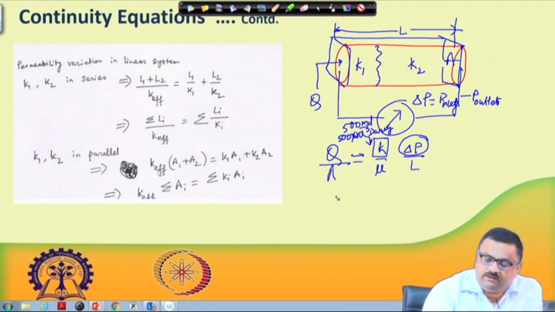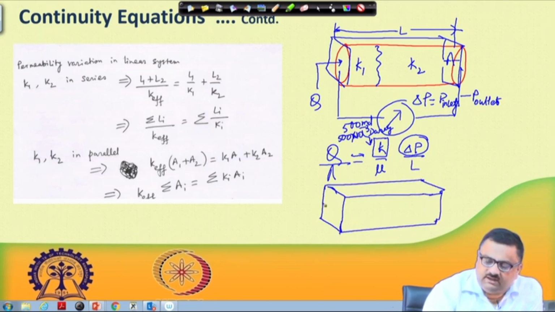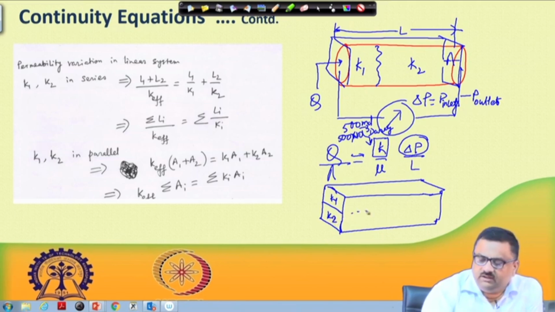Also, there could be a parallel situation where you have a block like this, and the upper one has permeability K1 and the lower one has K2. So, that means I have permeabilities K1 and K2 running in parallel.